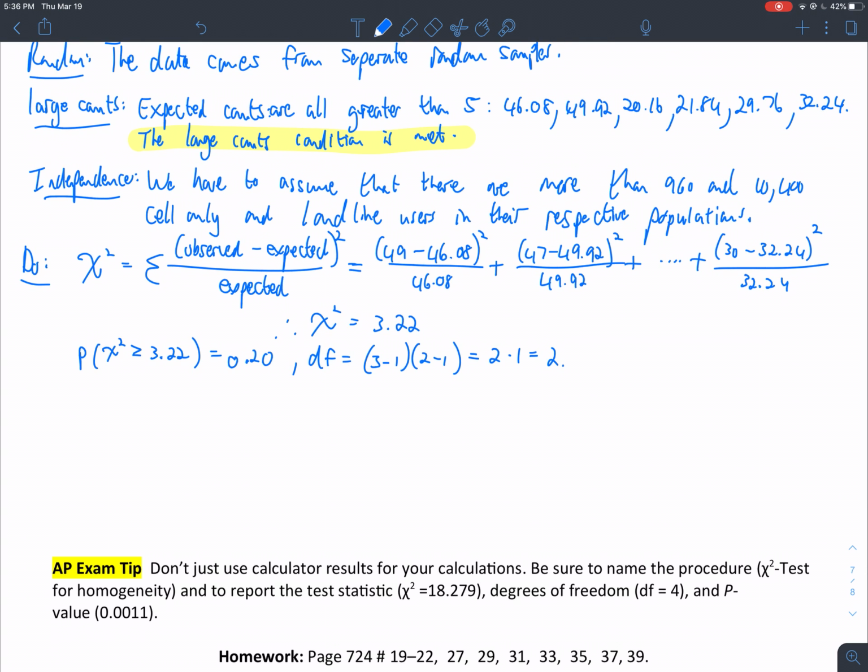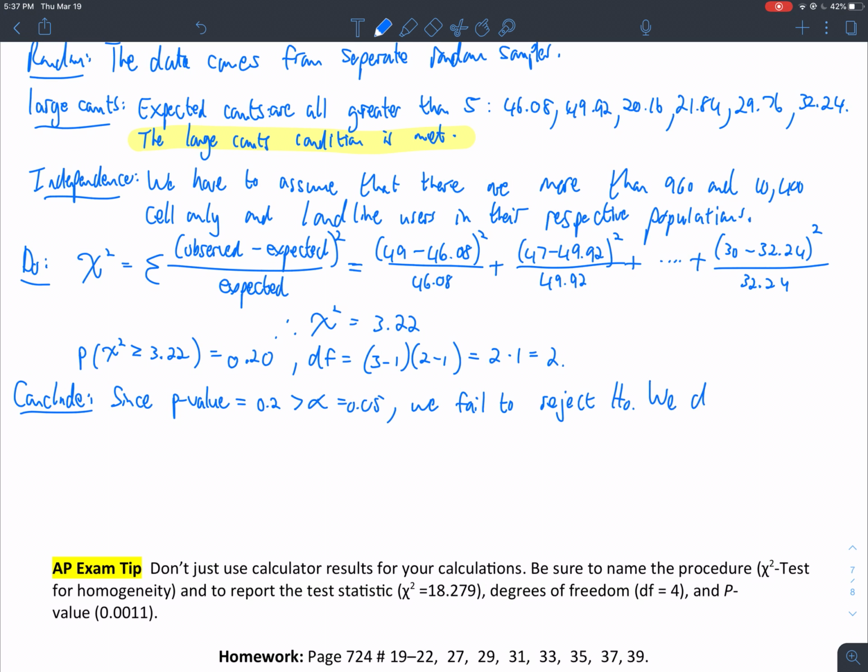And then I'm done. I can conclude, since the p-value, which is 0.2, is greater than alpha, which is 0.05, we fail to reject the null hypothesis.